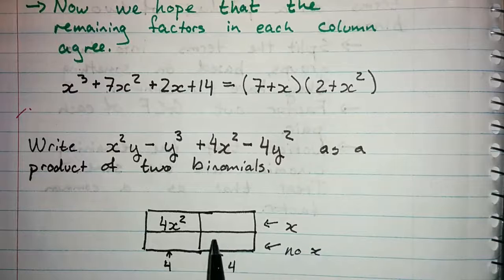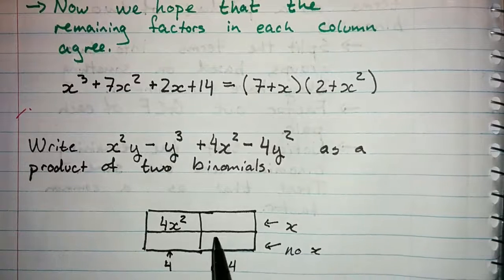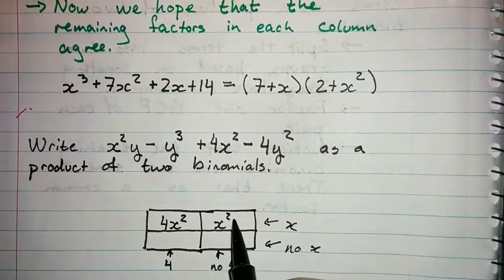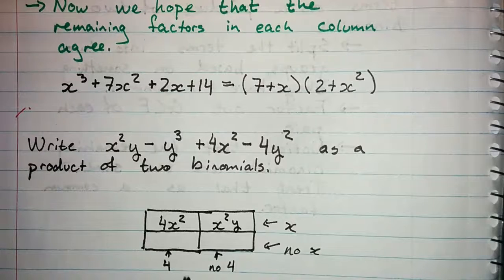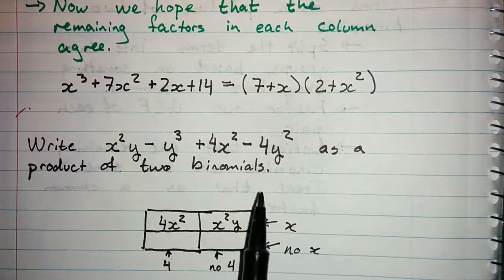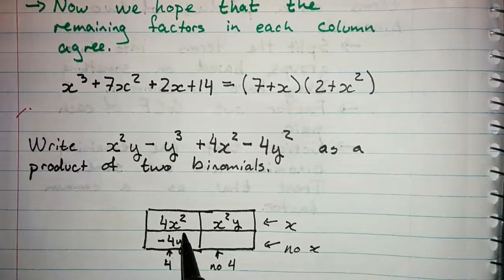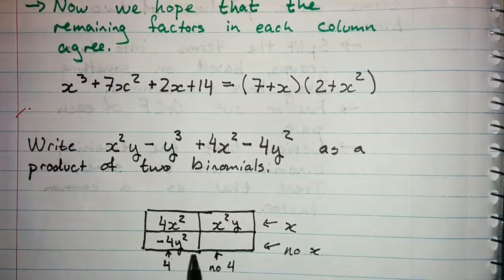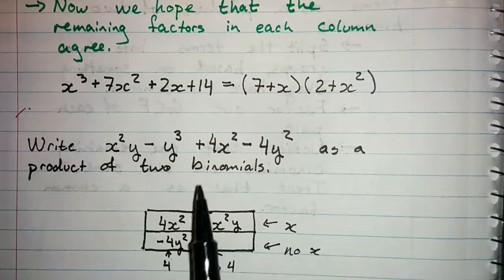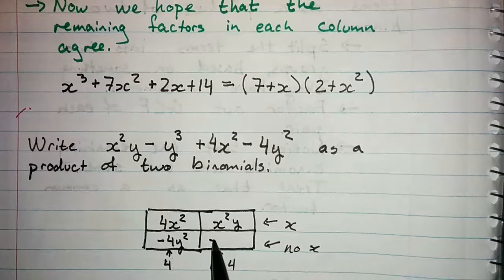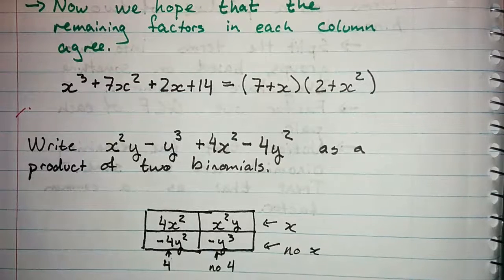Here I'll have the term with no 4 and an x, x squared y. Here I'll have the term with a 4 but no x, negative 4y squared. And here I'll have the term with no 4 and no x, negative y cubed. All right.